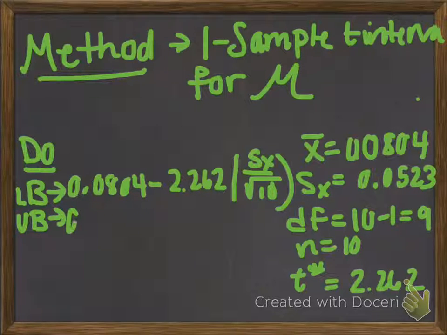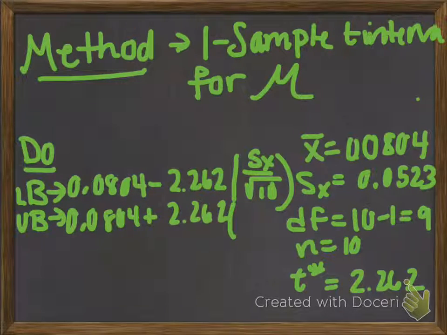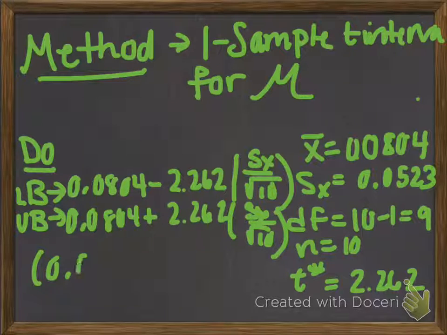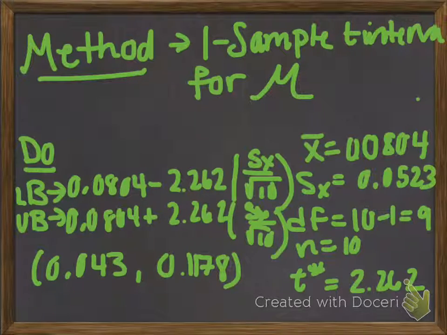Your upper bound would be 0.0804 plus 2.262 times Sx divided by the square root of 10. You then get an interval going from 0.043 to 0.1178. The state, plan is your conditions and your method, that's your do, now your conclude.